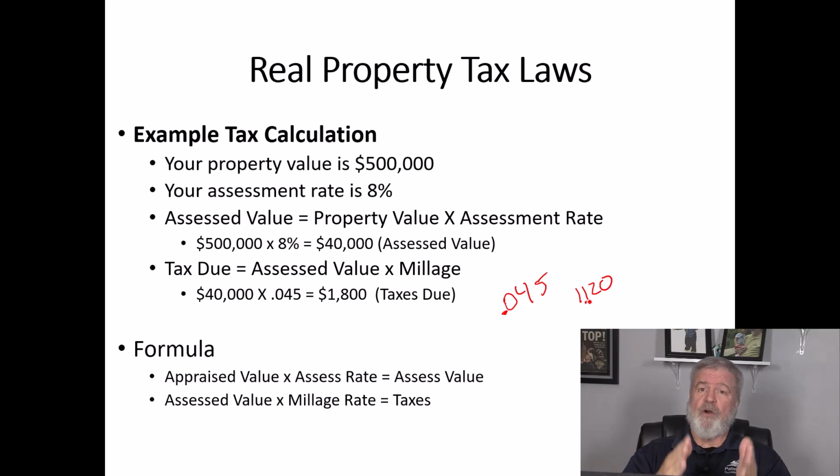So the key, y'all, to convert to a rate, and you need to remember this because you're going to have to know how to do this stuff, to convert the mills to a millage rate, you just move the decimal 3 places, okay? So you see there, again, the assessed value, which is 40,000, times the millage rate, 0.045, indicates we're going to owe $1,800 in property taxes this year.